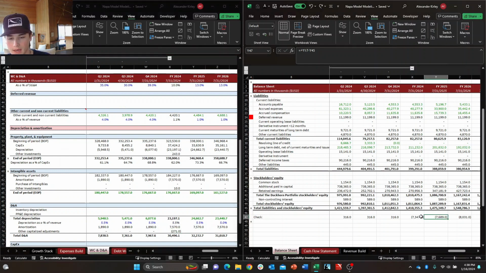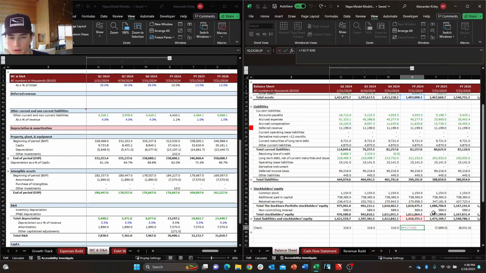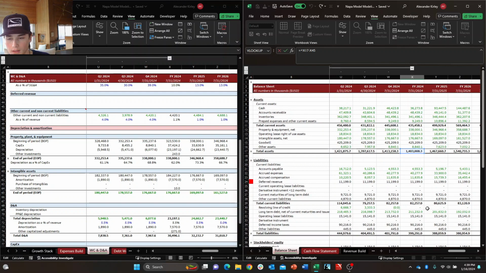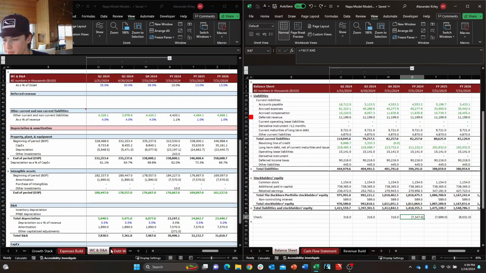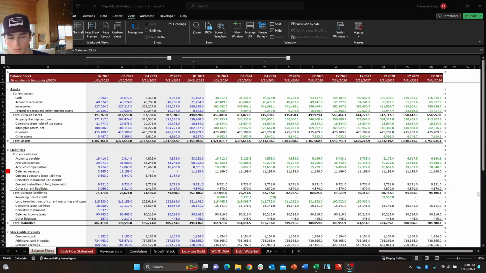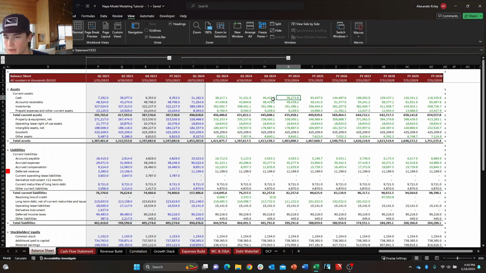So we notice that our assets are less than our liabilities. I'm not exactly sure why at the moment. So we got rid of the split screen, now coming back, we can see that our cash is different.